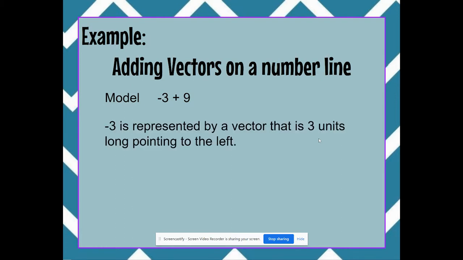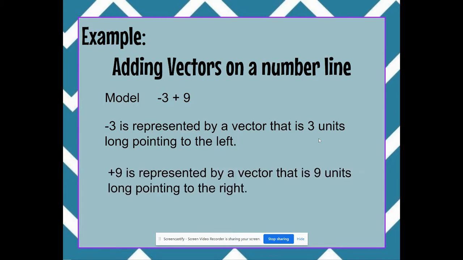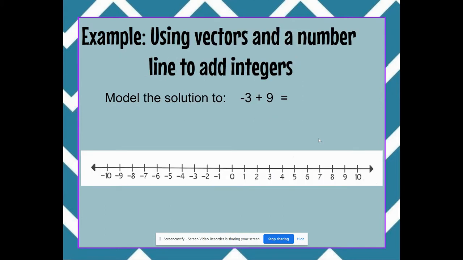-3 is represented by a vector that is 3 units long, pointing to the left. +9 is represented by a vector that is 9 units long, pointing to the right. Here's the model. So we place the first addend vector, which is my -3, by starting the tail at the 0. The vector is 3 units long, pointing to the left.